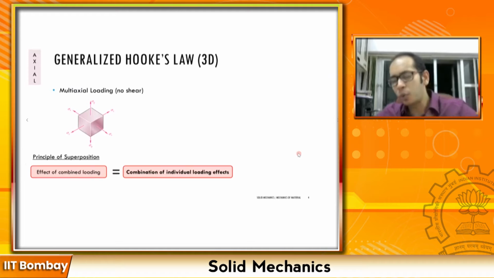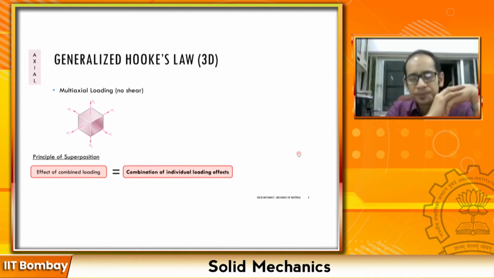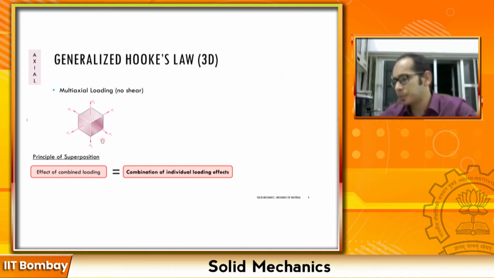So now the question is, if I have a structure, here you have those small tiny bits within the structure we're looking at, remember? If I have a structure with a multi-axial loading, so instead of just having sigma x, I also have a sigma y and I also have a sigma z over here.